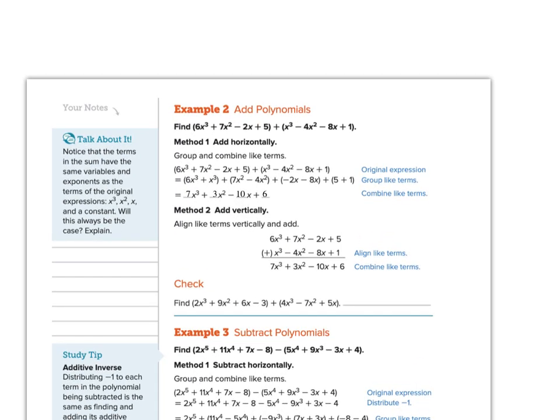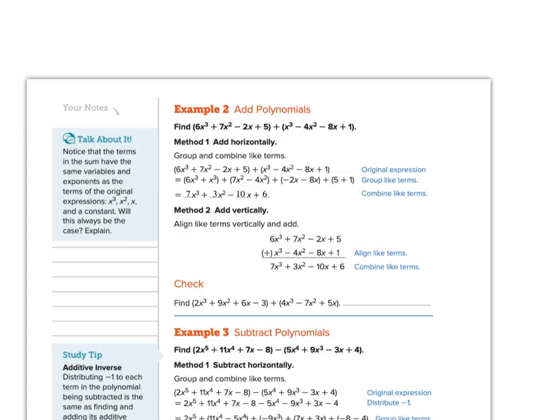Now, when we are adding polynomials, you want to group like terms, and like terms are going to be things with the exact same variables and exact same exponents, that's what makes them like. We have x to the first, or we have x to the third here, 6x to the third.